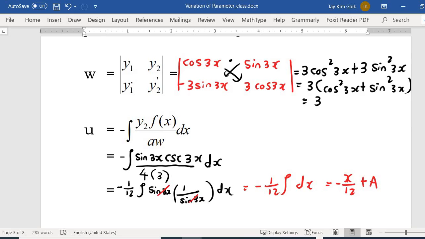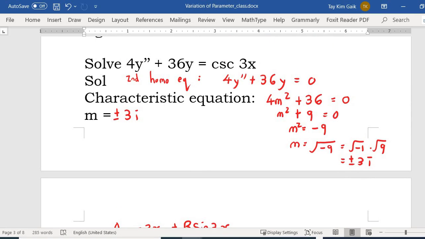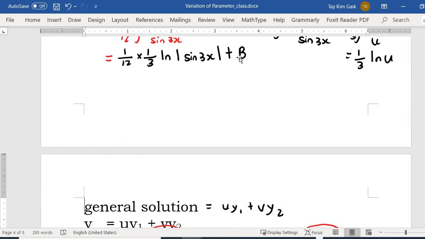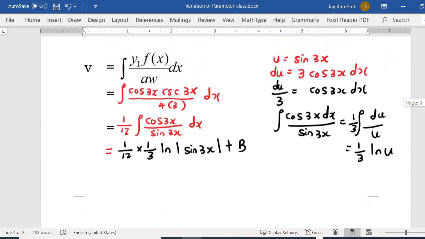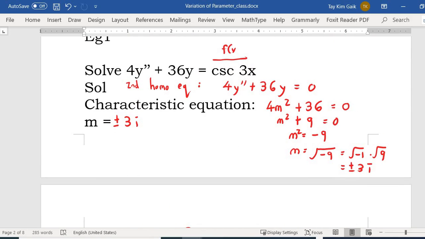Here a is the coefficient of the second derivative. y2 is here, and fx is the right hand side of the second order non-homogeneous equation. This is the fx, and a is the coefficient of the second derivative. This one is the a. a is 4.